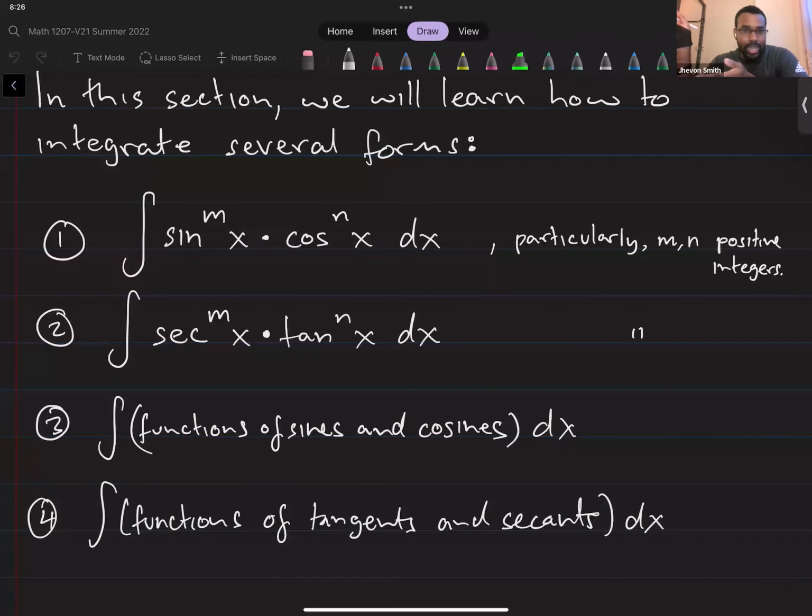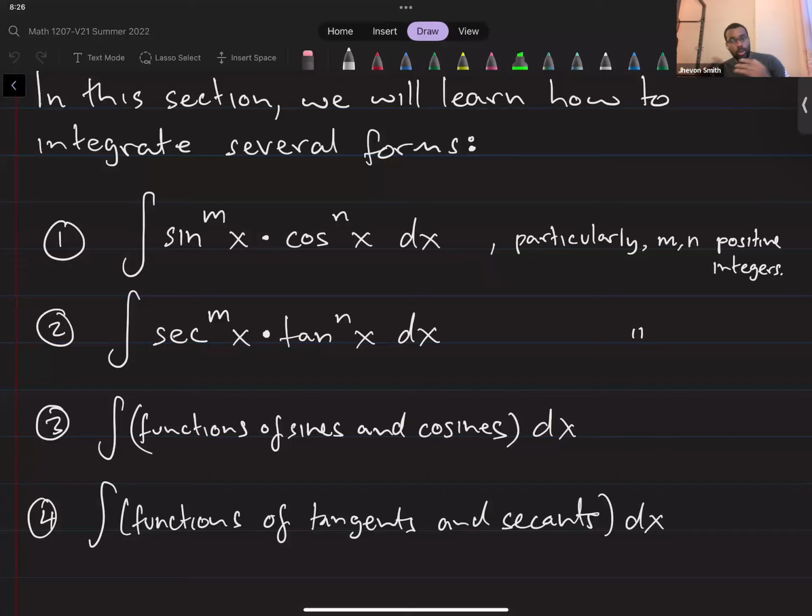I'm only going to ask you about secants and tangents. So once you learn secants and tangents, that's it. Like you don't have to memorize formulas for cosecants and cotangents, right? That's going to be our focus. But that's just a comment here. But these are the four kinds of things we're going to be looking at in this section. How do you integrate things of these types?